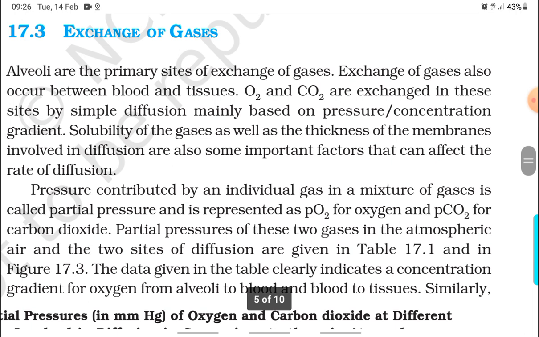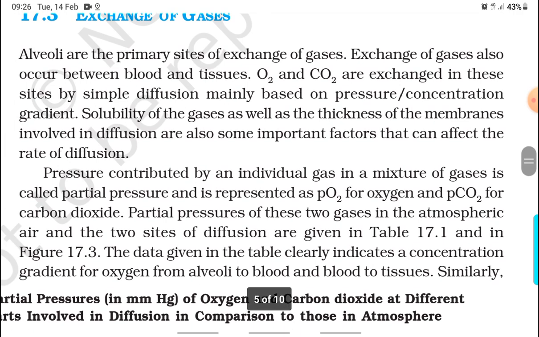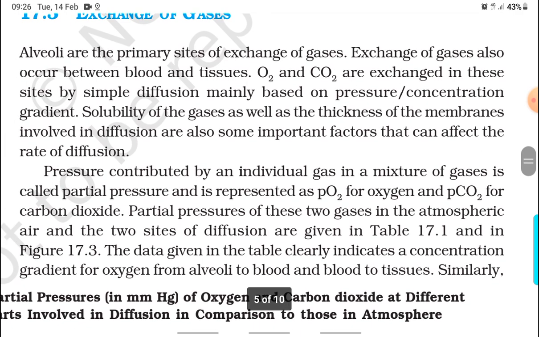Exchange of gases. Alveoli are the primary sites for exchange of gases. Exchange of gases also occurs between blood and tissues. Oxygen and carbon dioxide are exchanged at these sites by simple diffusion, mainly based on pressure or concentration gradient. Solubility of the gases as well as the thickness of the membranes involved in diffusion are also important factors that can affect the rate of diffusion.